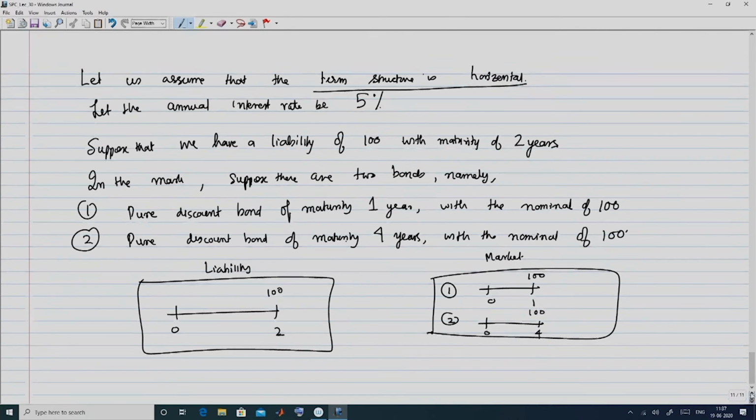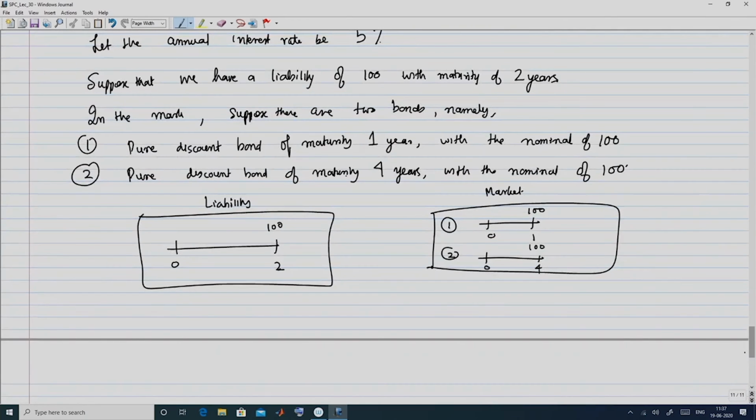Now, what am I supposed to do here? Why am I calling it hedging? The reason is that I have a liability of an amount of 100, and as I will shortly write, I start off with an amount of 90.70. Now, if the market had a 2-year bond available at the interest rate of 5%, then all I would do is simply invest the money that I have now, that is an amount of 90.70, for a period of 2 years, and at the end of 2 years I will exactly get an amount of 100 in order to meet my liability.